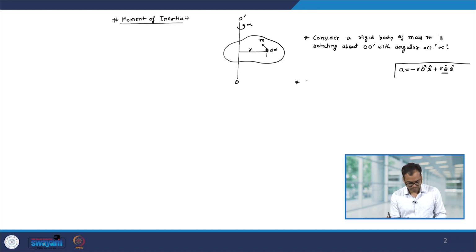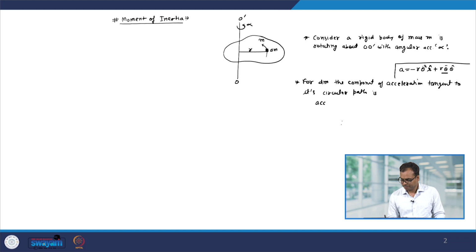So, for mass dm, the component of acceleration tangent to its circular path is r times theta double dot, which is alpha here.